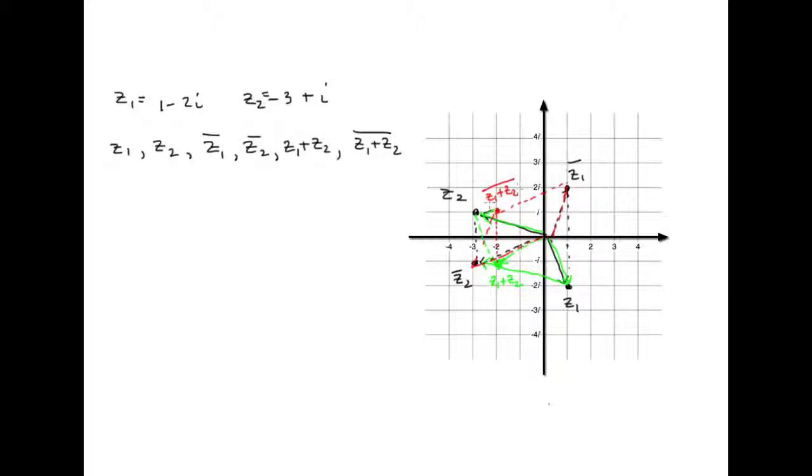The conjugate of the sum is the sum of these two conjugates. Now, this is something that we saw previously when we looked in the video on conjugate surds. We worked this property out. So it's nice to see that type of result appearing in the geometry on this Argand diagram.